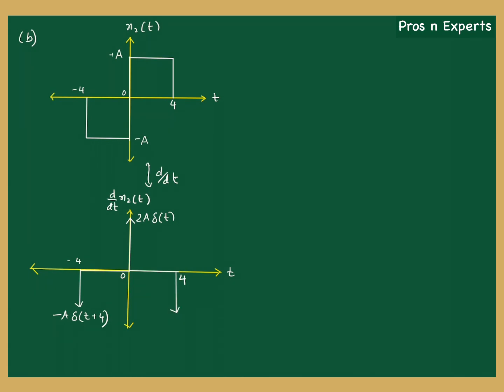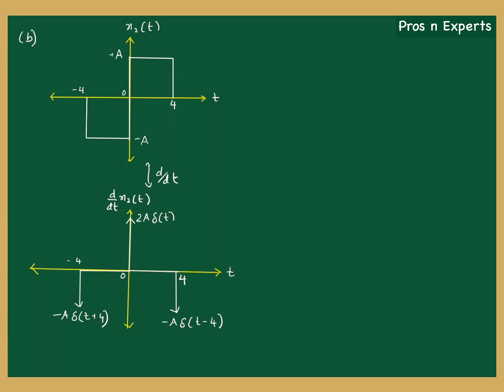And what will be the strength of that impulse? It should be -a into del of t minus 4. -a because the change is from a to 0, so a change of -a. And this impulse is located at t equal to 4, therefore del of t minus 4. So this is d by dt of x2 of t.